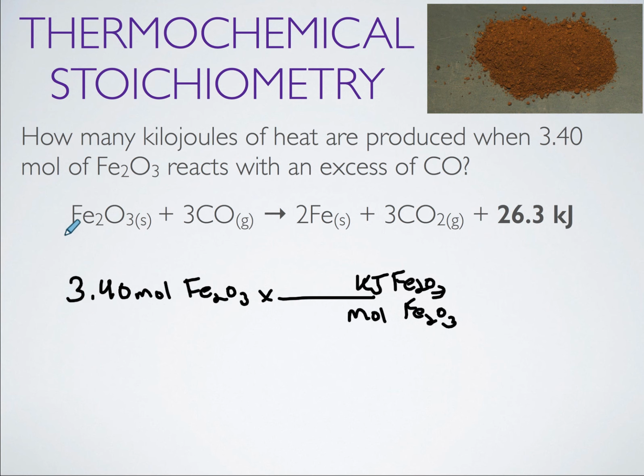From our balanced equation, Fe2O3 does not have a coefficient, so that's an implied 1. The kilojoules are 26.3. And from here, I'm going to multiply and divide across, and I end up with 89.4.